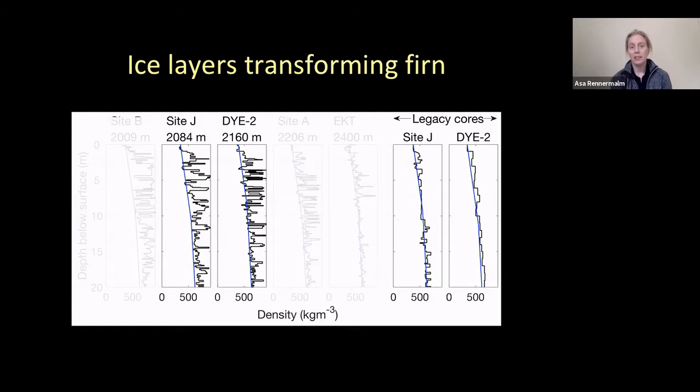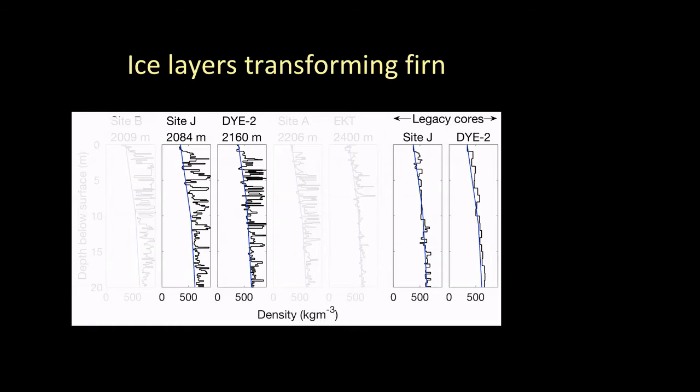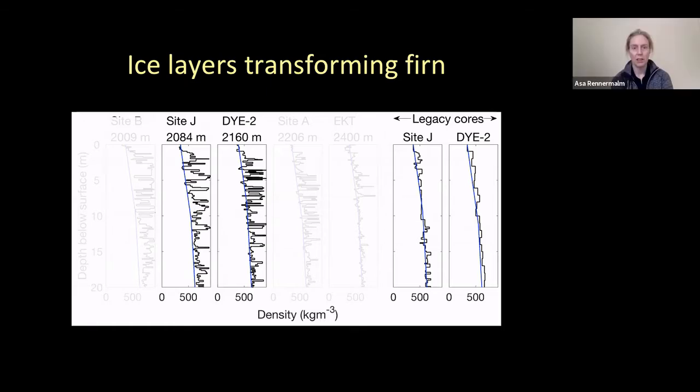And again, there's this very dramatic difference where in the legacy cores collected 20, 30 years earlier, the model lines up pretty well with observations, suggesting that at this time, compaction is driving the density here. But if you look at the 2017 cores, you see many, many positive perturbations due to the formation of ice layers. So very much a transformed firn column.